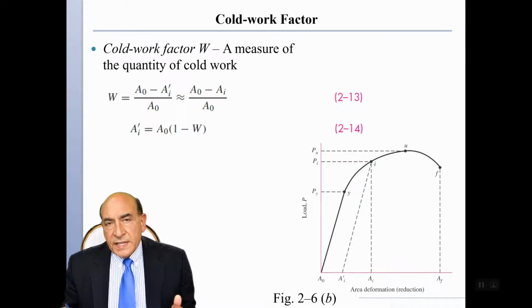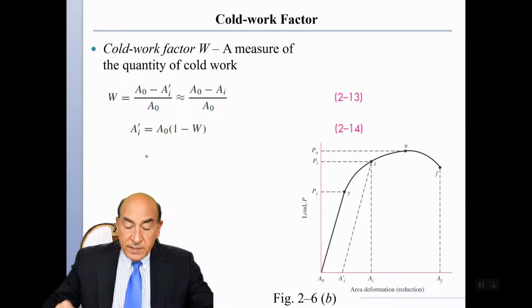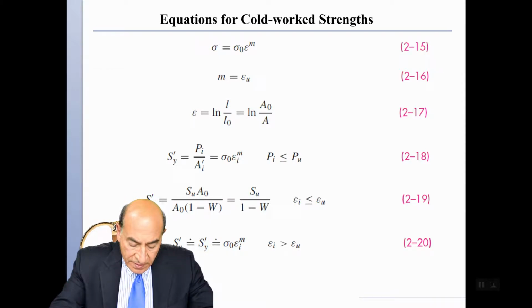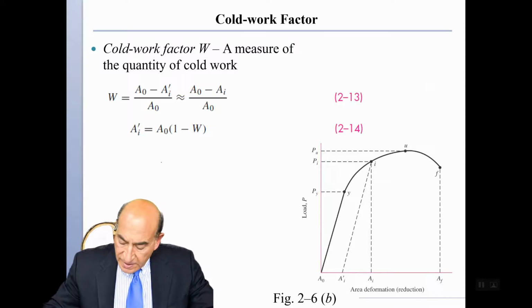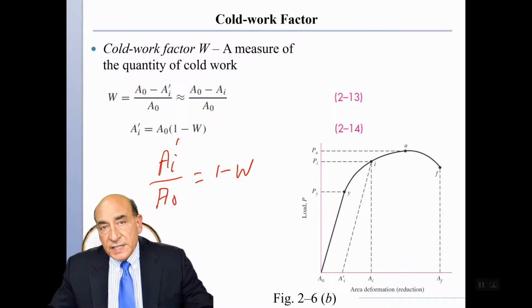So suppose that the reduction area is described by the cold work factor W equal to 0.2, then the new area related to the old area is 80%. So basically, I would have to write down that A_i prime divided by A0 is 1 minus W. So this will be 80%.